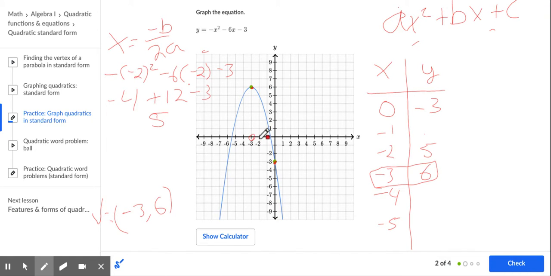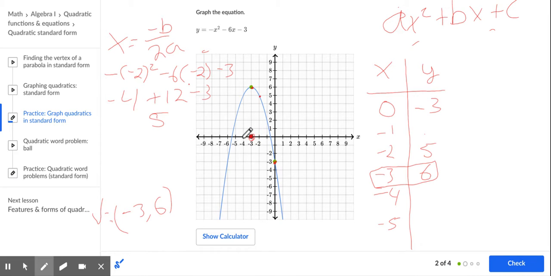So let's look at it this way. If I plot this point, -2, 5, I'm going to go -2, and I'm going to go up to 5. That's that point that we found, -2, 5. And so -2, here's my middle. They're 1 away from each other.